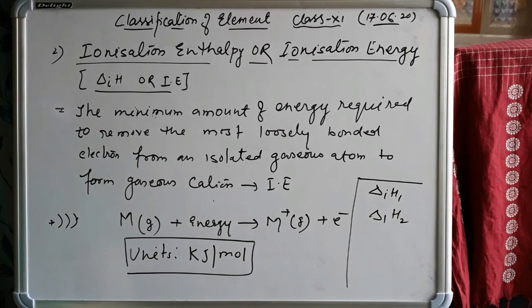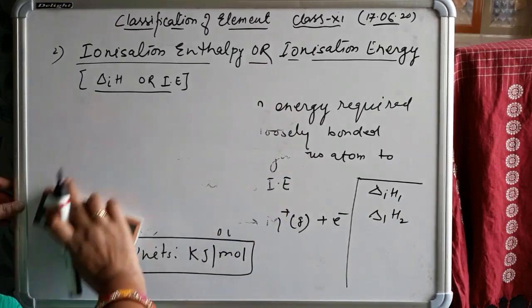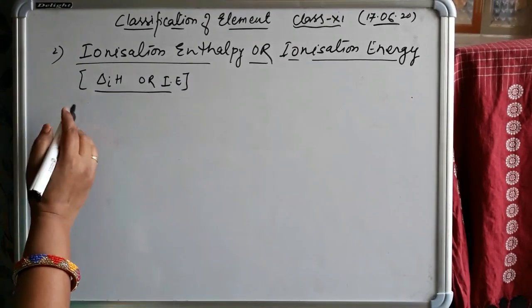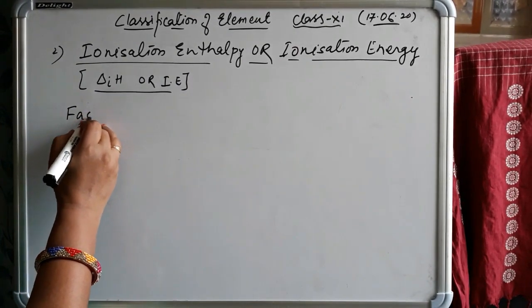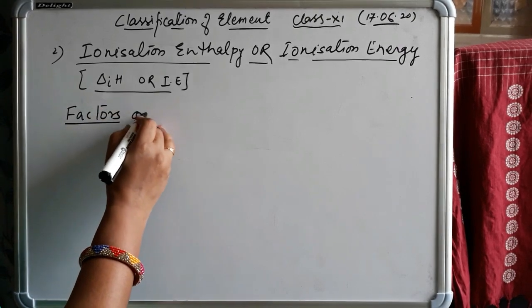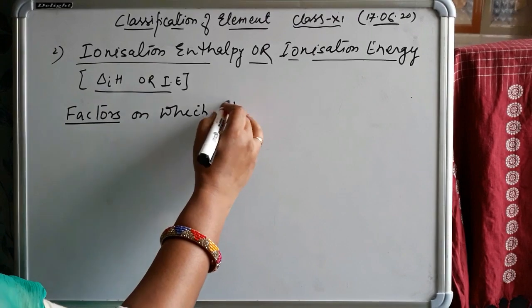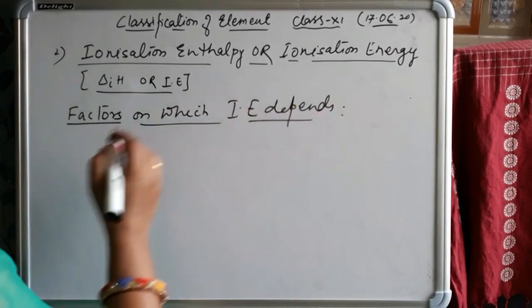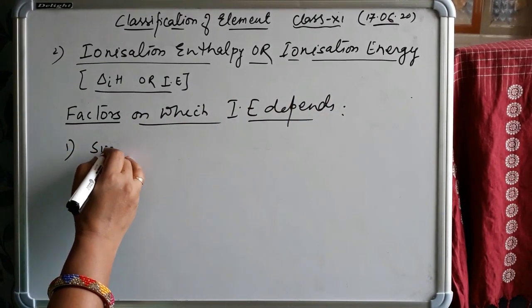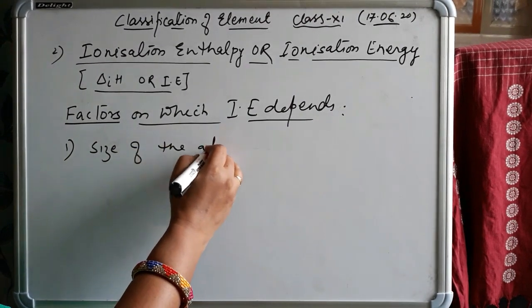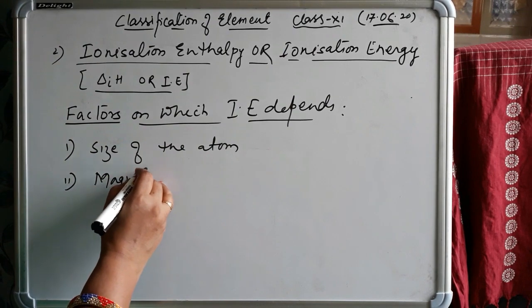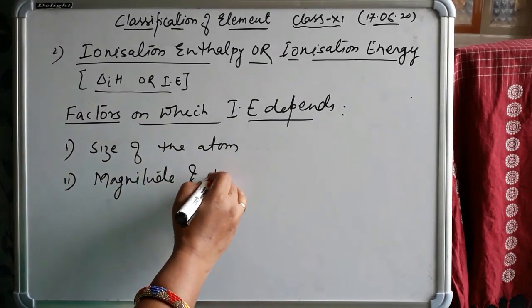Let's see the factors on which ionization enthalpy depends. Let's discuss them one by one. First factor, size of the atom. Second factor, magnitude of nuclear charge.